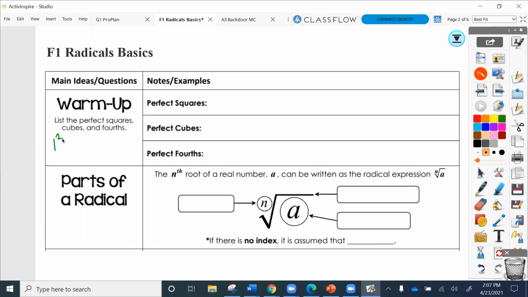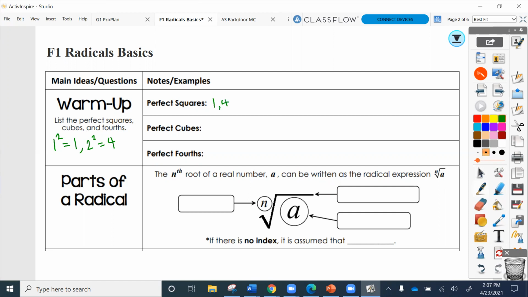because 1 squared is equal to 1 and 2 squared is equal to 4, that makes 1 and 4 perfect squares. So if you did 1 squared, you'd get 1.